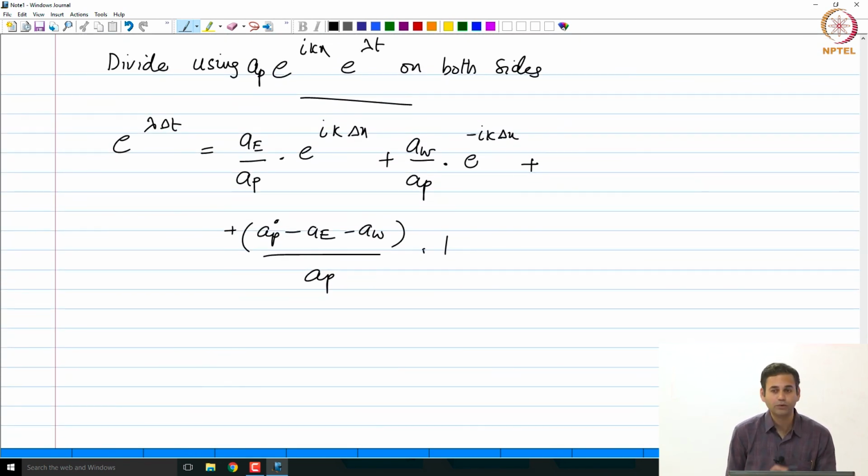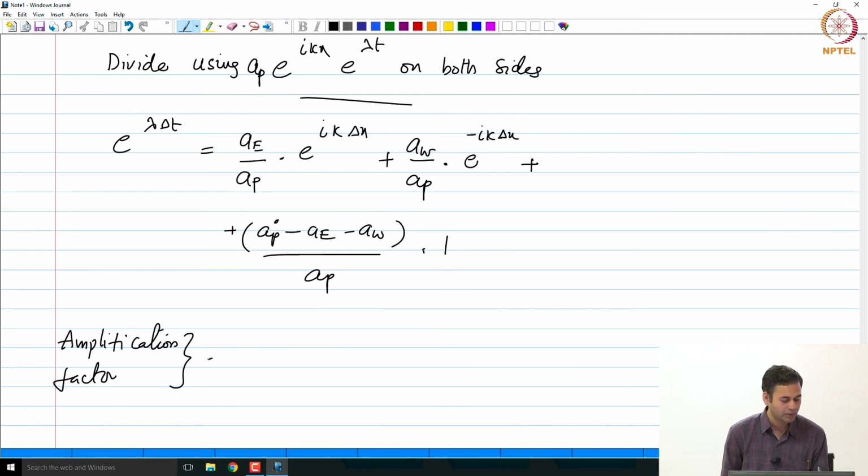All right. So, if we go back to our definition of what is the amplification factor, epsilon x comma t plus delta t by epsilon x comma t, right. This is for a particular mode, let us say sub m.